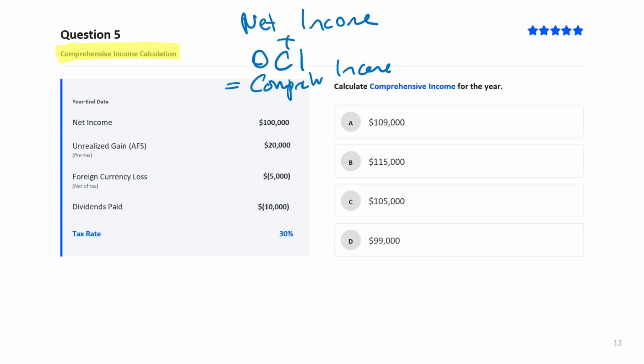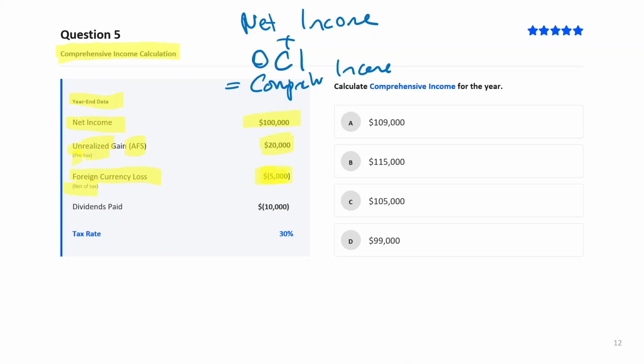In this question, we have a company, we have their year-end data, we know their net income, we have their available for sale securities unrealized gains, which is a part of the other comprehensive income. We have their information about foreign currency loss, $5,000 here.